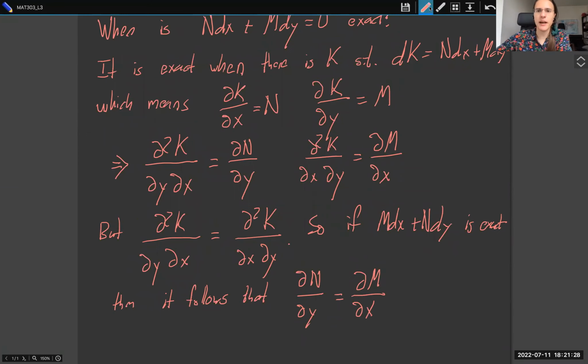And this is going to be an incredibly important equation that's going to dominate basically everything that we do in today's lecture.